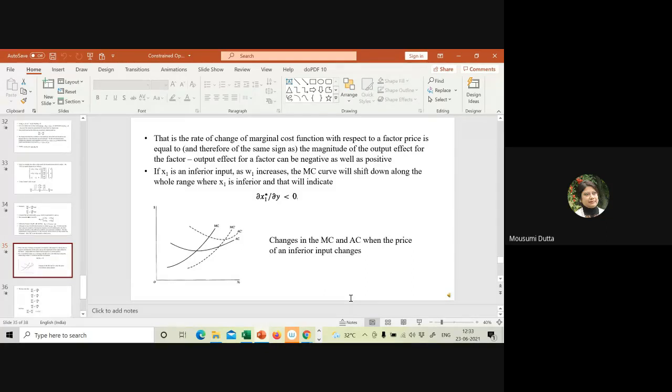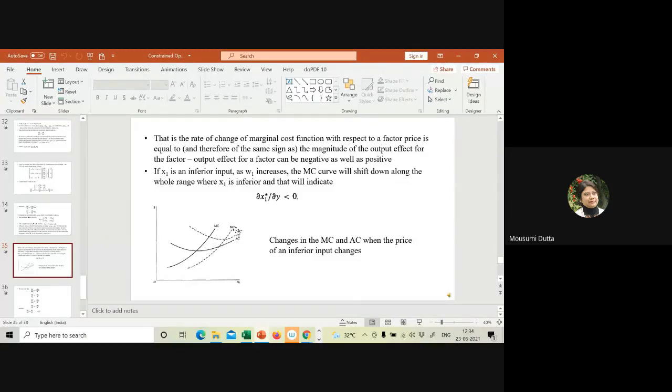In case of profit maximization, this problem was not there. However, here it is possible that del X1 star by del Y is negative. That is, if the input is inferior, in that case the marginal cost curve may shift in the lower direction when the average cost curve is rising.